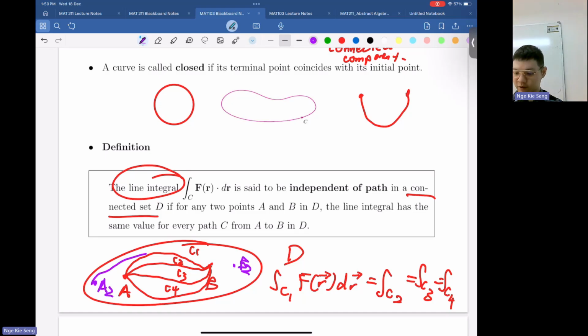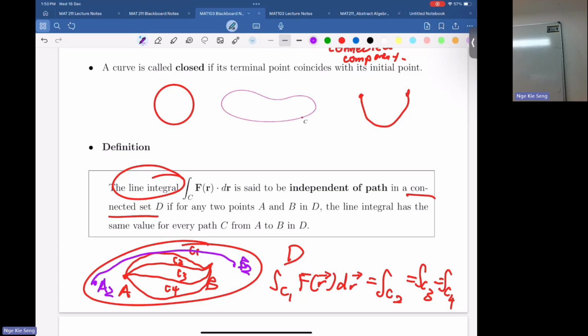It also has to be true for these points. If you consider all paths between A and B, their integral should be the same. And if you take different endpoints A2 and B2 and consider all paths, they have to be the same among themselves. It is not necessarily the same as for the first pair.